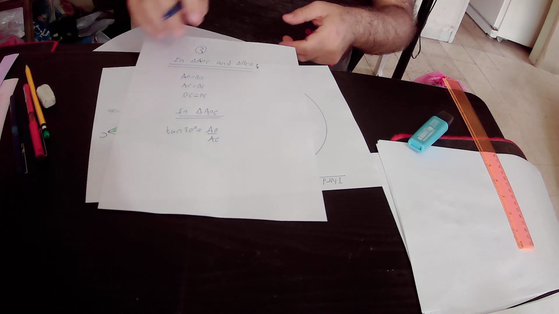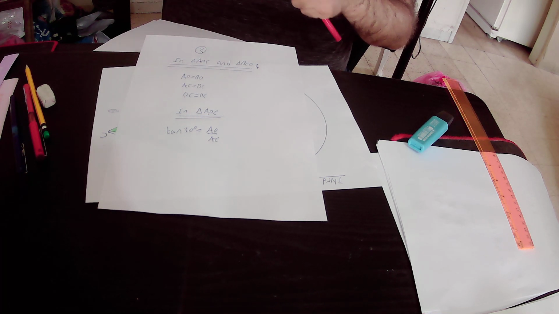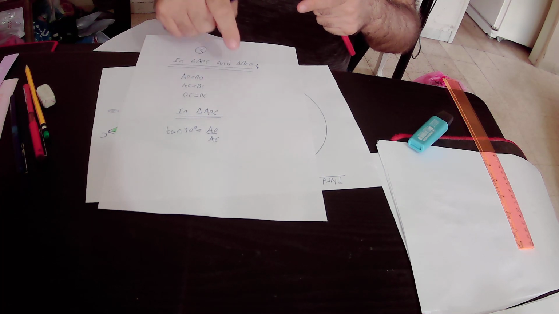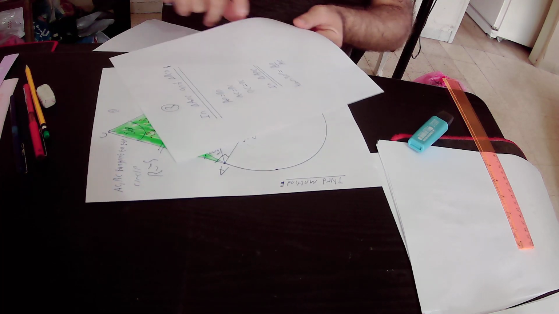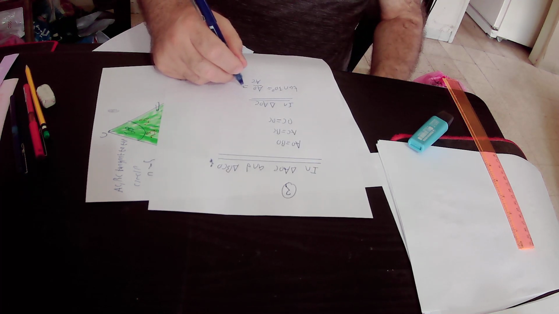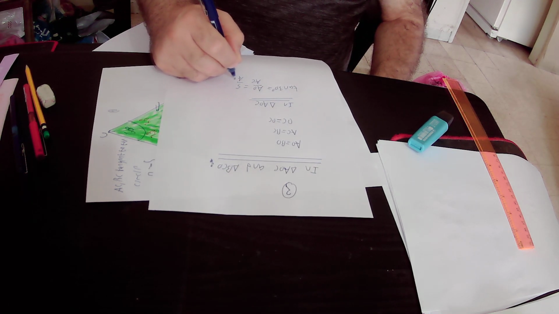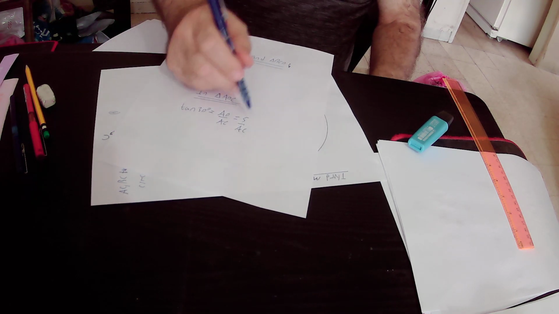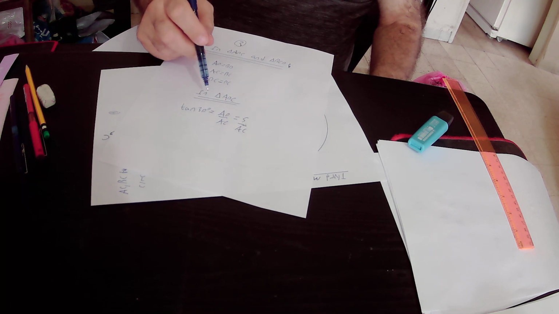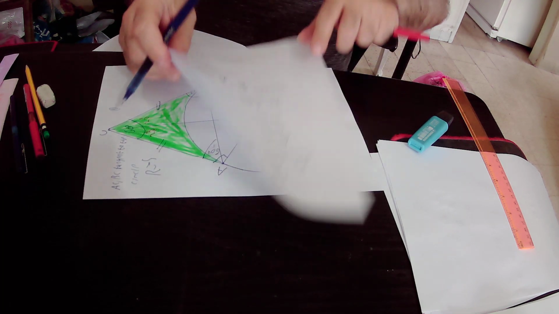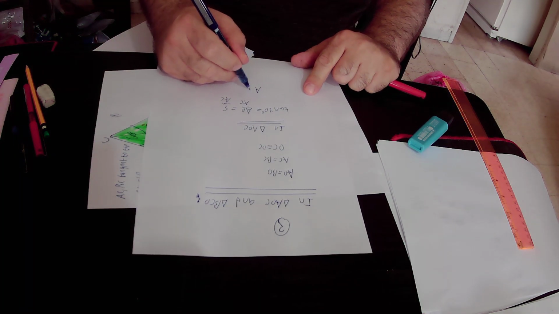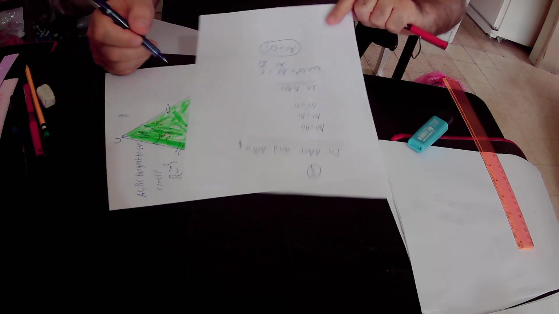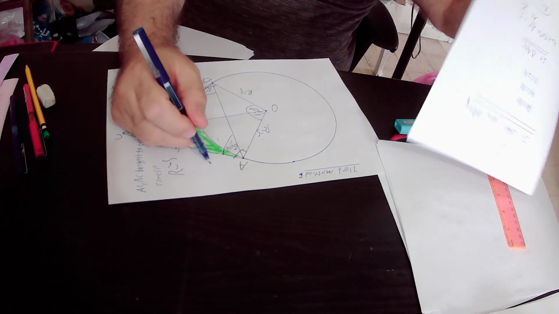But we know that AO equals 5 units, the radius of the circle. So we substitute AO by 5. So tangent 30 degrees equals 5 over AC. From this equality we can derive that AC equals 5 times root 3.